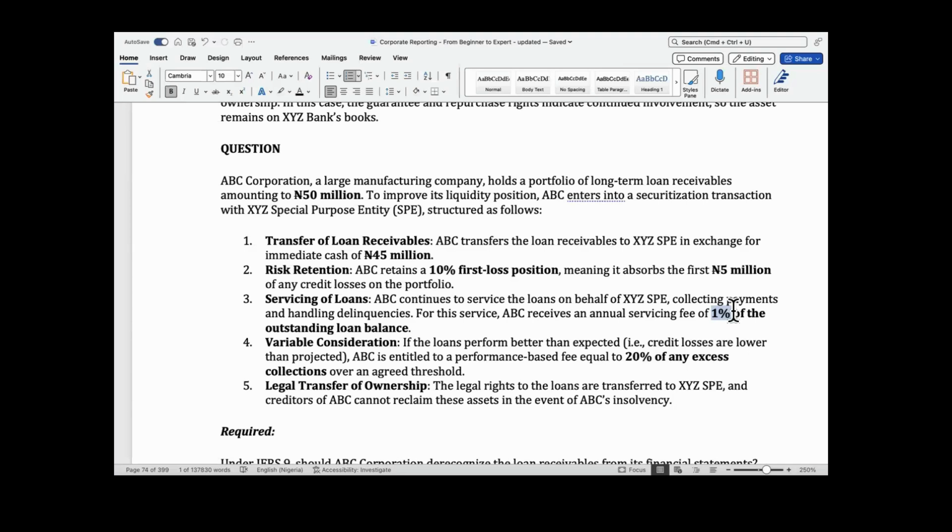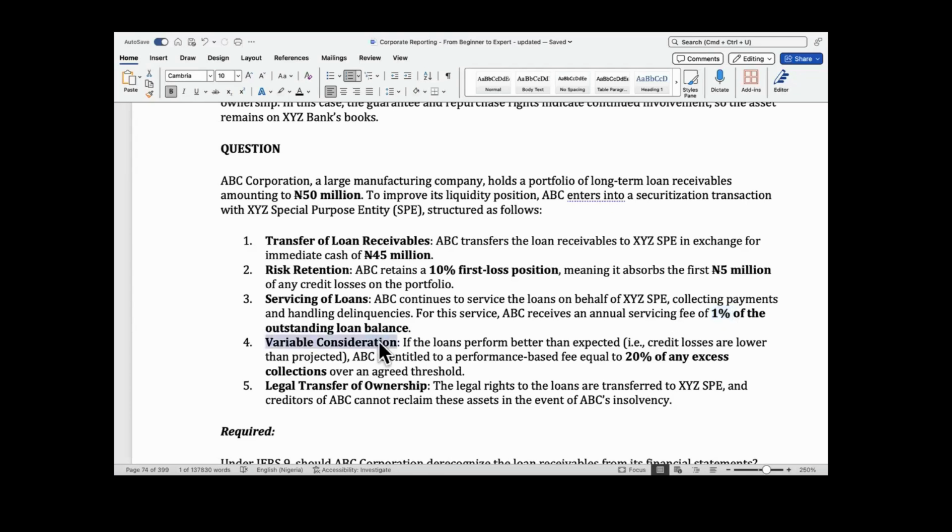This is like a separate service that ABC Corporation is rendering. It has nothing to do with this transaction. He's just rendering an additional service. So that 1% he gets is like other income to him, like a professional fee, which he will recognize in his books.